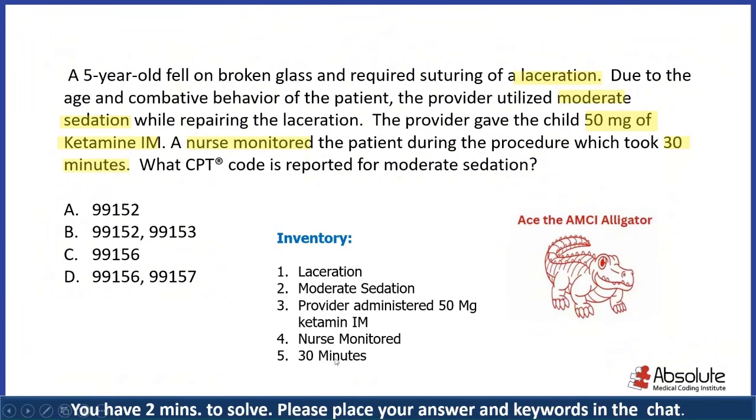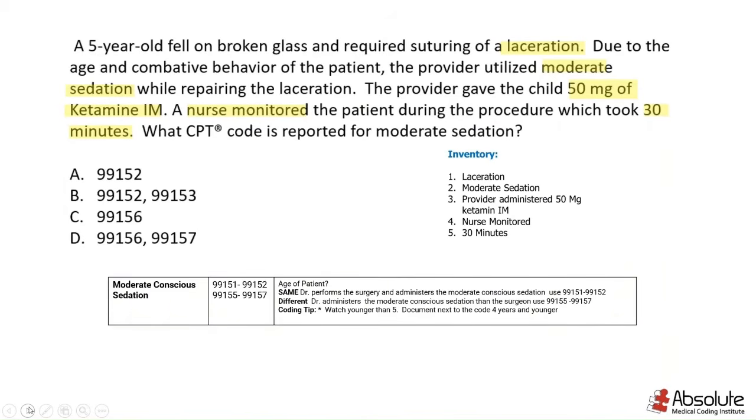With that said, these are our inventory: a laceration, moderate sedation, provider administered 50 milligrams of ketamine intramuscularly, the nurse monitored, and the time of the procedure was 30 minutes. 30 minutes of moderate sedation was given to the patient. With that, let's quickly look into our FTR.